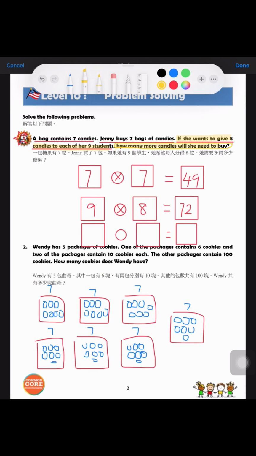Now we may find out how many more candies she will need. We may duplicate the number that she needs, 72, minus the number of candies she has, 49. Where the difference is 23. Therefore, she'll need 23 more candies.